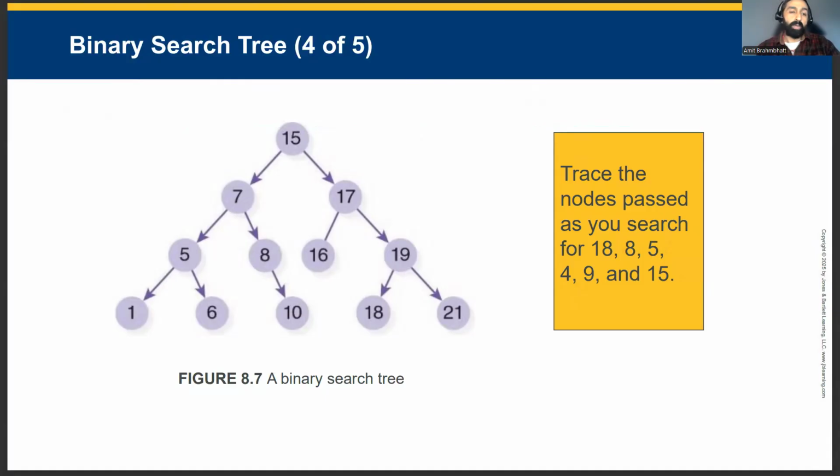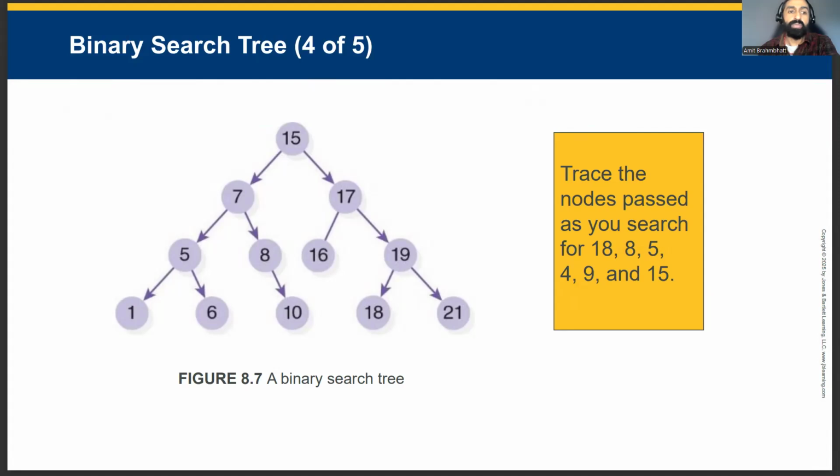Again, I would say you pause the video and let the idea sink in here. This slide asks us to trace the nodes visited when searching for values like 18, 8, 5, 4, 9, and 15 in the binary search tree. Since the binary search tree obeys the rule left is smaller, right is larger, searching becomes a sequence of comparisons that guide us down the unique path.